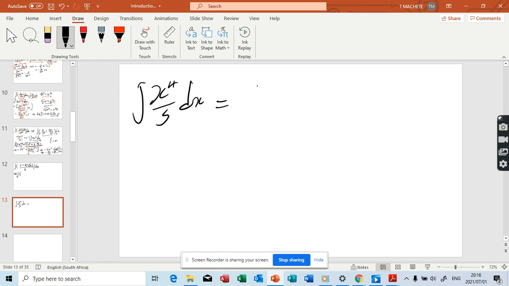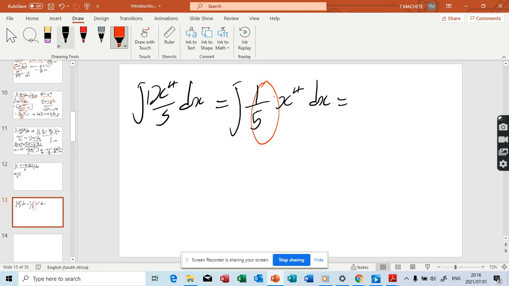This is the same as 1 over 5. Remember, this is a constant. There's 1 here. This is the same as the ones that we're doing. So this is the same as the integration of 1 over 5 multiplied by x to the power 4 dx. Do you agree that is the same thing? Yes, so this is your constant.